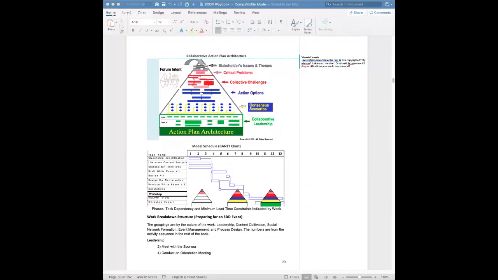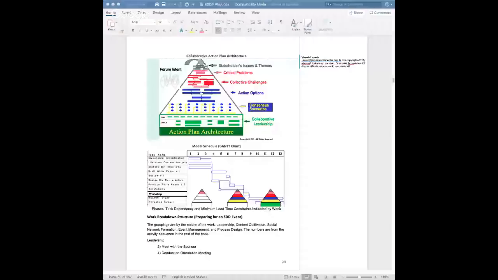But it is a framing question. And you'll also have what's called the generic question, which is the relational question.